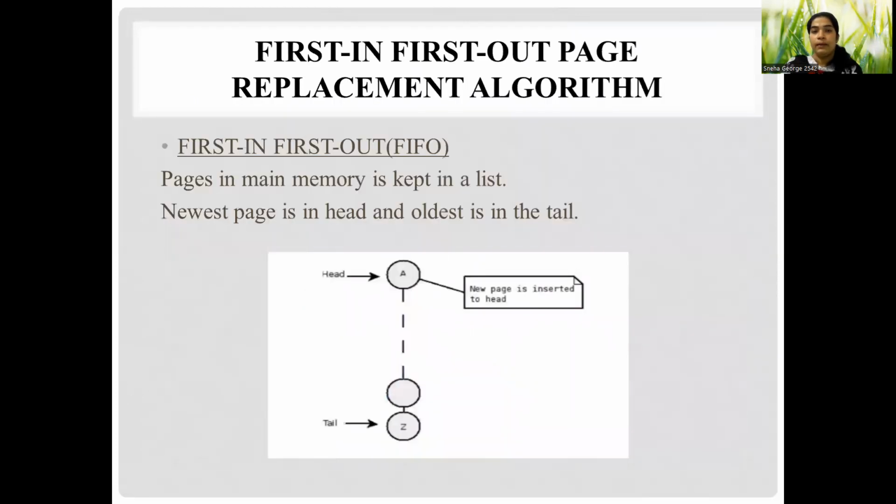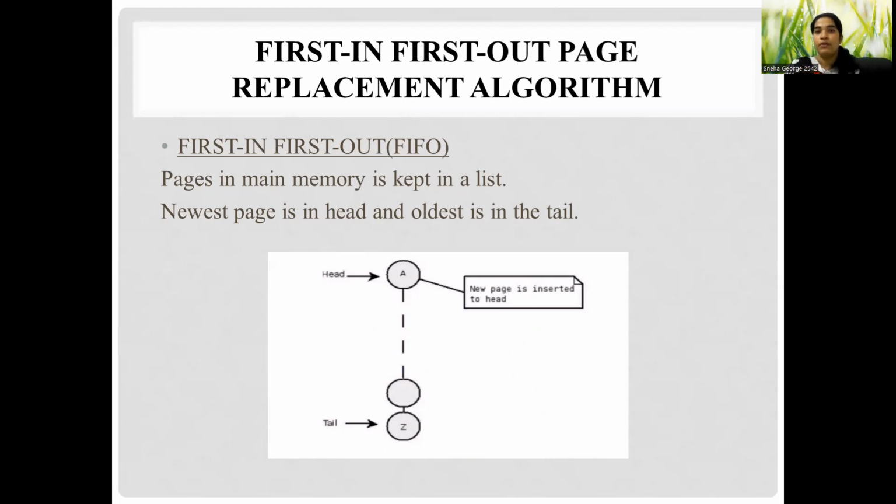The first algorithm that we are going to discuss is the first in, first out page replacement algorithm. As its name says, the replacement is based on first in, first out, which means the page which came in first will go out or be replaced first.